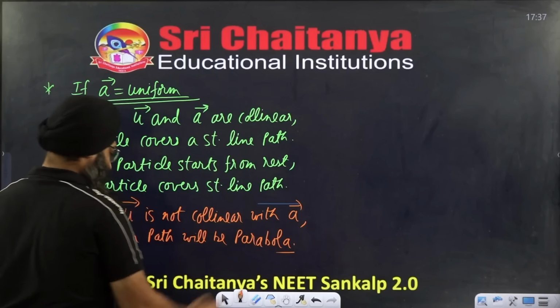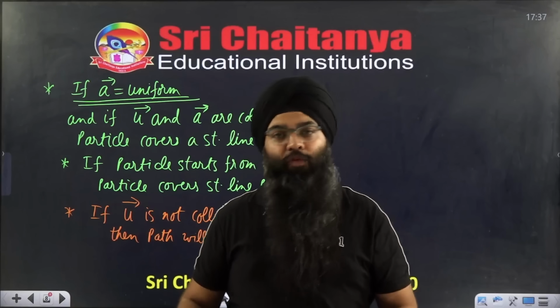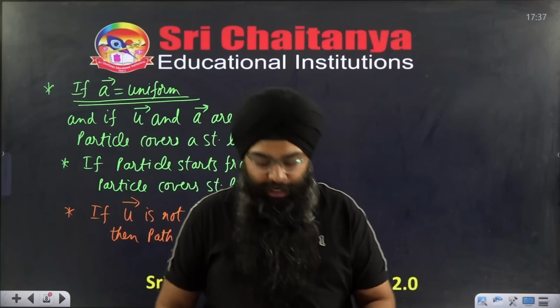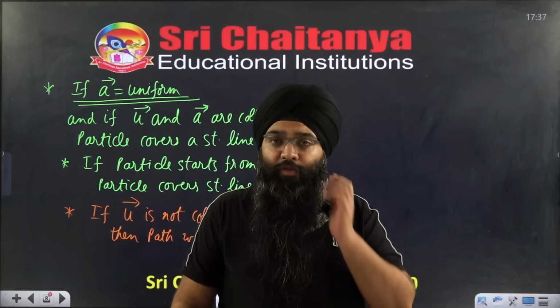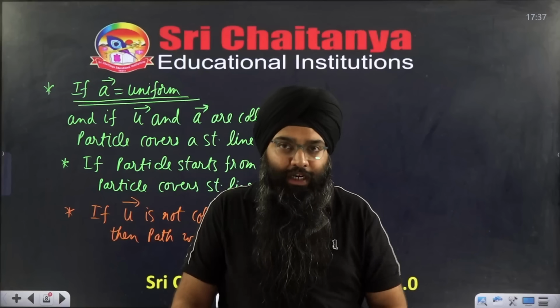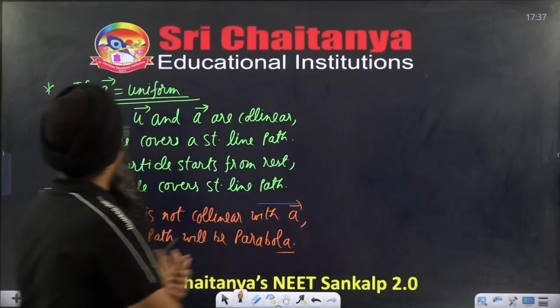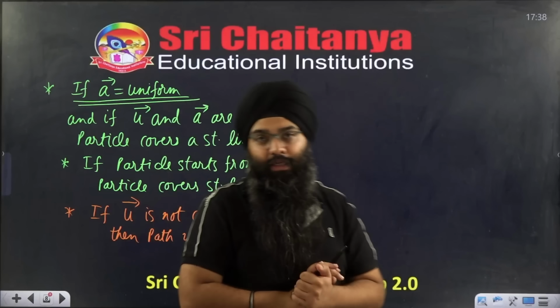Like in projectile motion, the initial velocity of the particle and the uniform acceleration are not in the same direction. So if they are not in the same direction, what will the path of the particle be? The path of the particle will be a parabolic path. That is called projectile motion. So this thing should be clear to you. These are the important points regarding acceleration which I wanted to discuss.